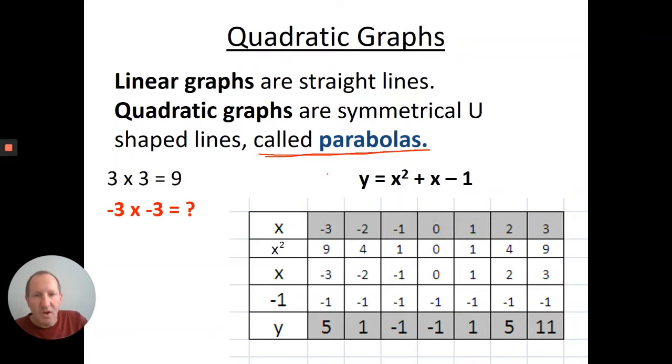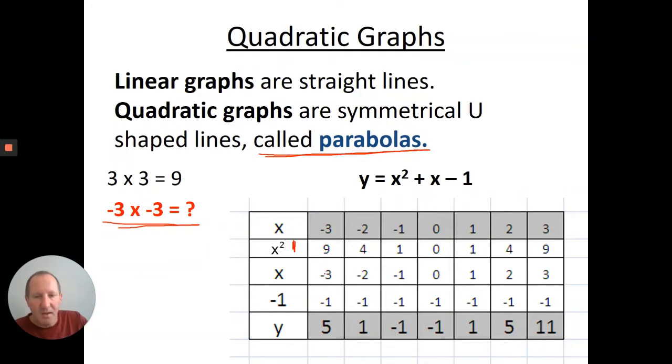Now the reason they are U-shaped goes back to that idea of squaring something. When you square a negative number, -3 times -3, you get a positive answer. So if you look at this row here, you see the negative numbers, when we square them, become positive.